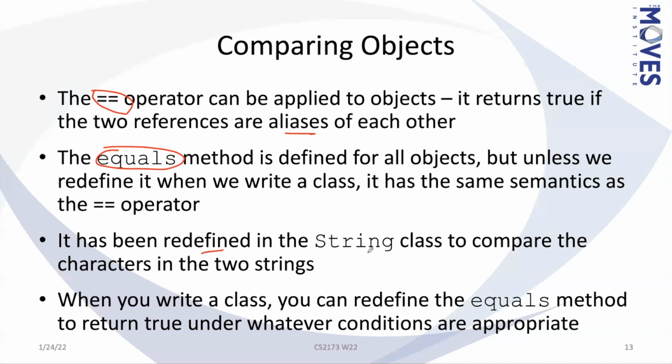Remember the PlayingCard class. I can say two PlayingCard instances are equal if they have the same suit and the same value. But if I don't do that, as the PlayingCard class currently exists, I can create one PlayingCard instance, say the Jack of Clubs, and create another PlayingCard instance that's also the Jack of Clubs. If I say equals, are they equal? It will say no. Why? Because they are different objects.